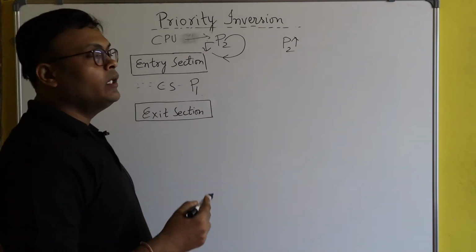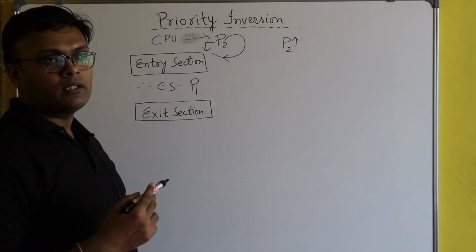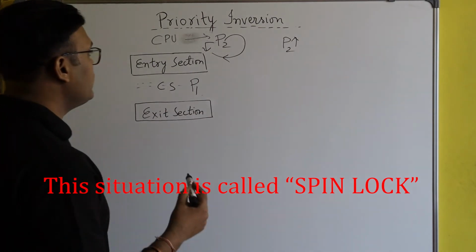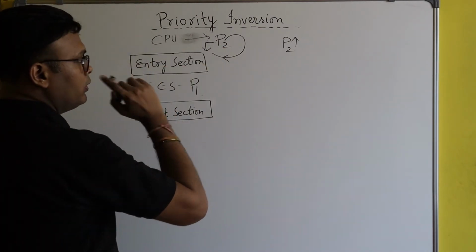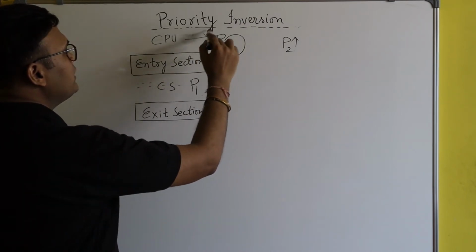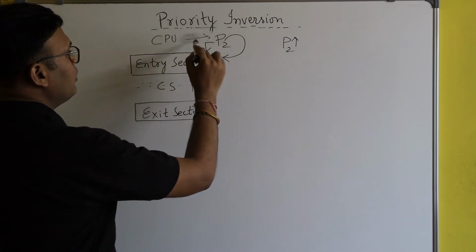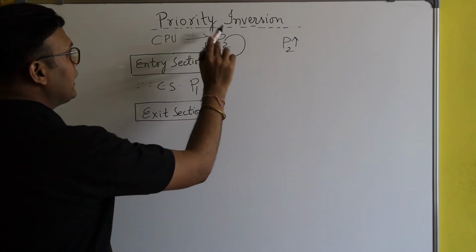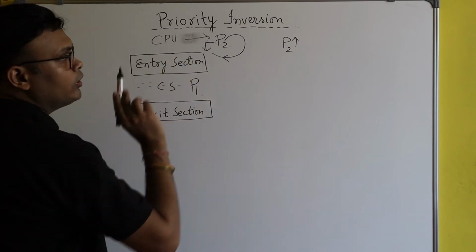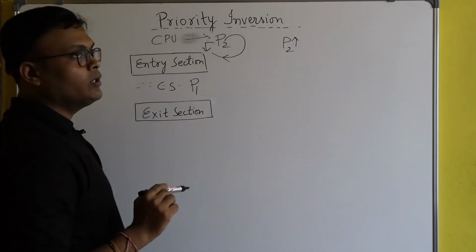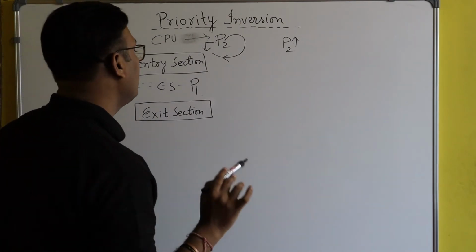So you see, it's almost like a deadlock situation. Here P2 is in a busy waiting condition, but it has taken the CPU. Since it has the higher priority, it will not leave the CPU, because P2's priority is higher than P1, so it will never leave the CPU.